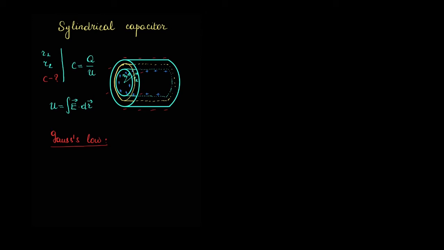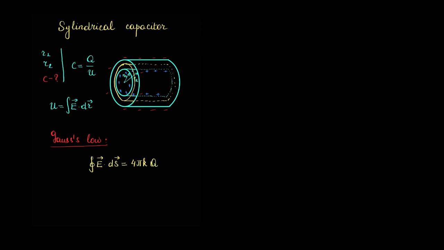So if we use Gauss' law, then the flux over a closed surface, the integral of E ds, equals 4 pi k Q enclosed, the charge inside the Gaussian surface. Since only the inner shell is inside this surface, the enclosed charge is just Q.